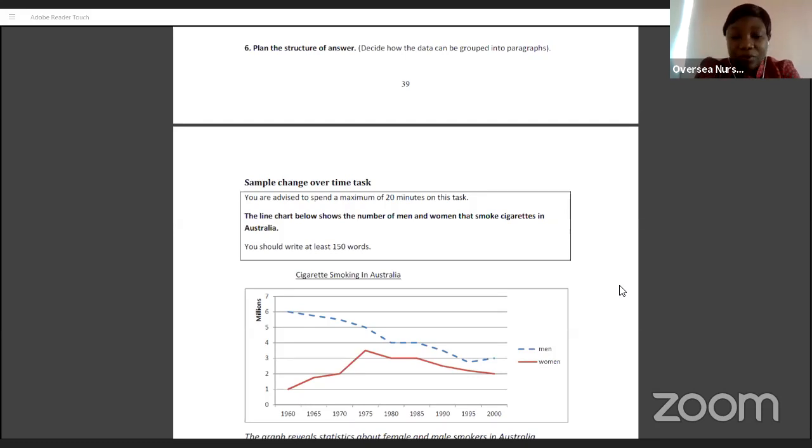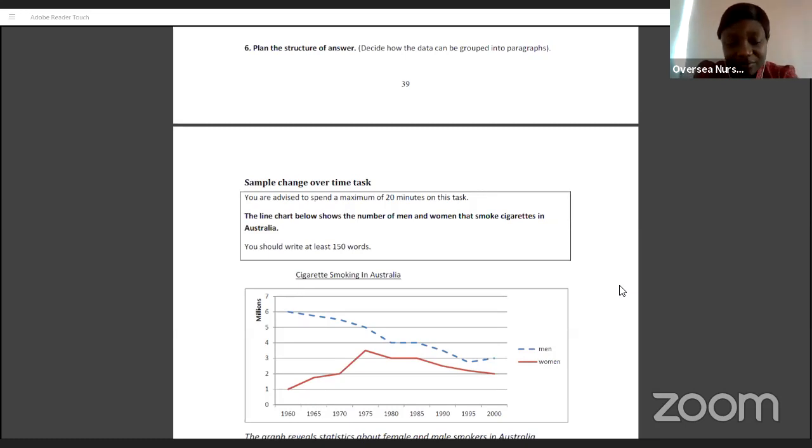So if I also decide to say that overall, the number of women that smoked increased but fluctuated, or increased after fluctuating several times over the course of the years, while that of the men decreased steadily.